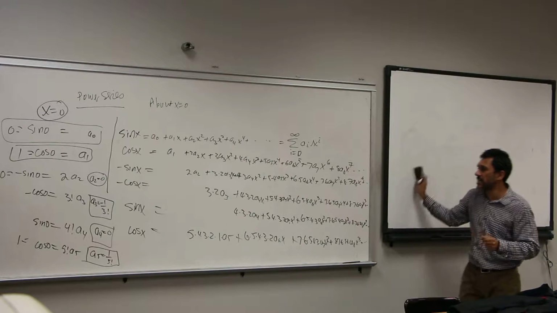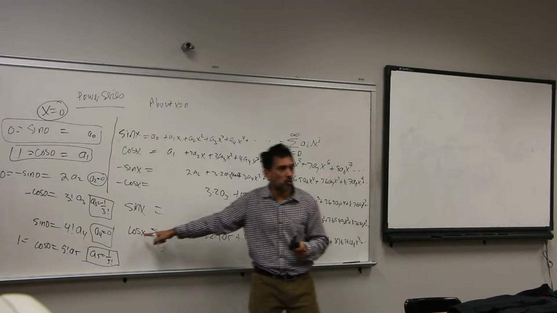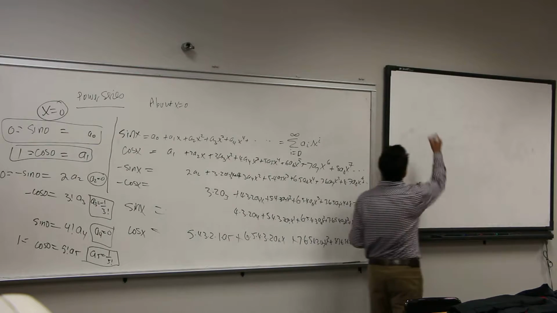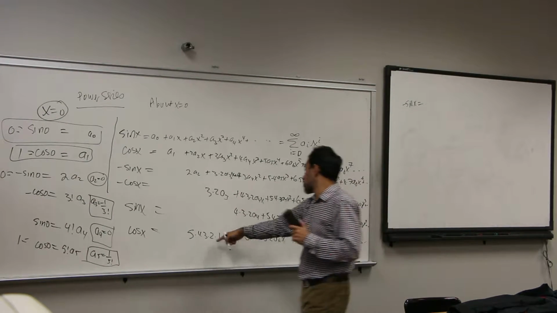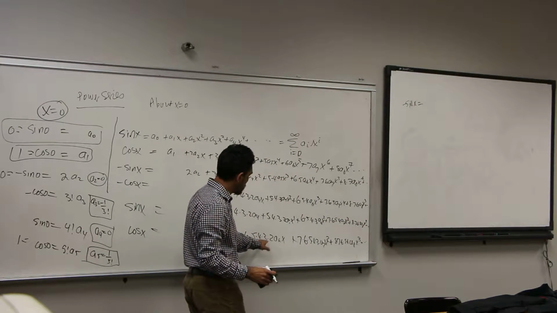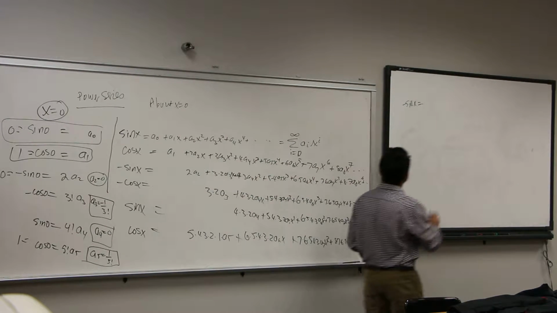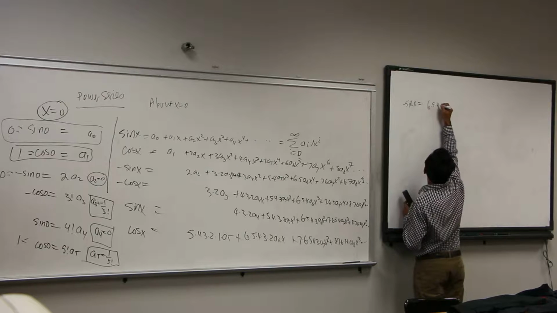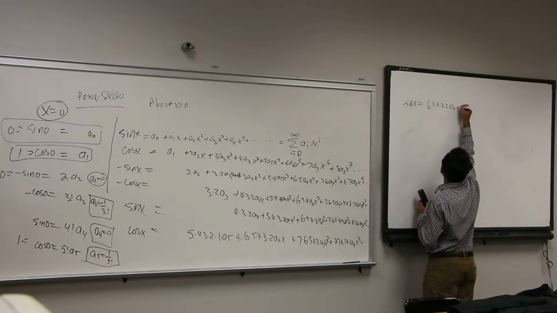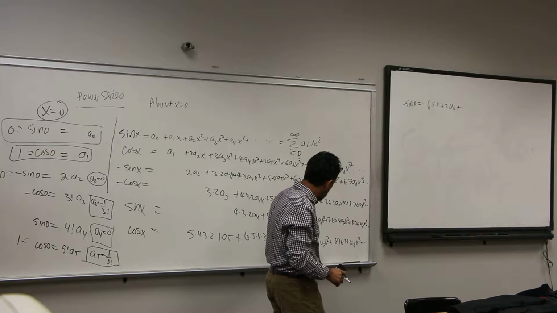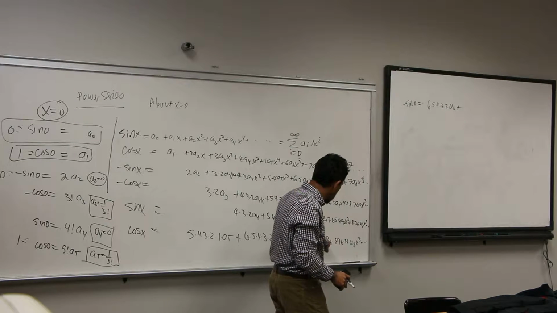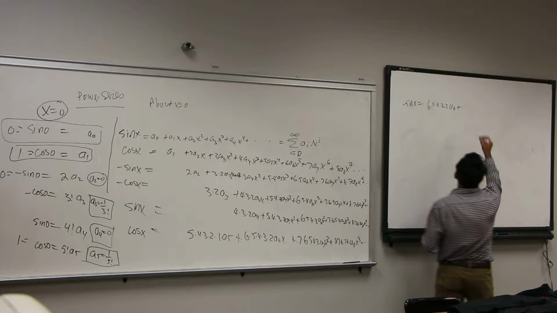We're going to differentiate it again. The derivative of cosine x is negative sine x, and we will be left with 0. 6 times 5 times 4 times 3 times 2 is 6, a6. Plus 7 times 6 times 5 times 4 times 3 times 2 is 7, a7 x.